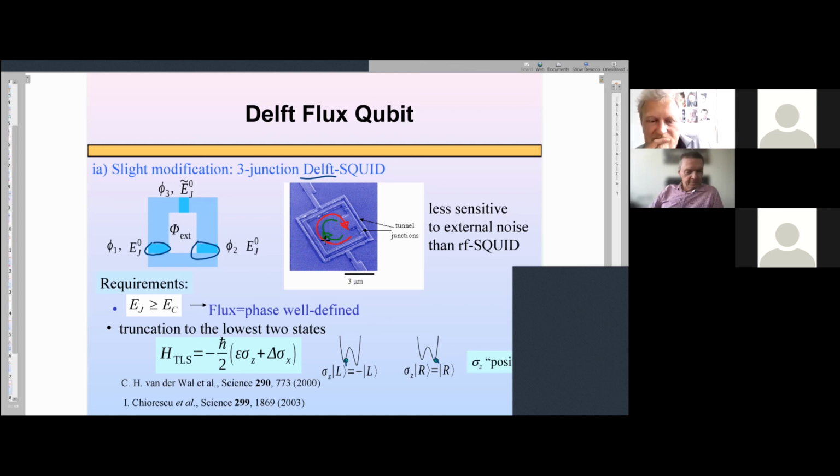Two superposition states. And again, that appeared to be a valid design. However, it still suffered, in this case, from flux noise.